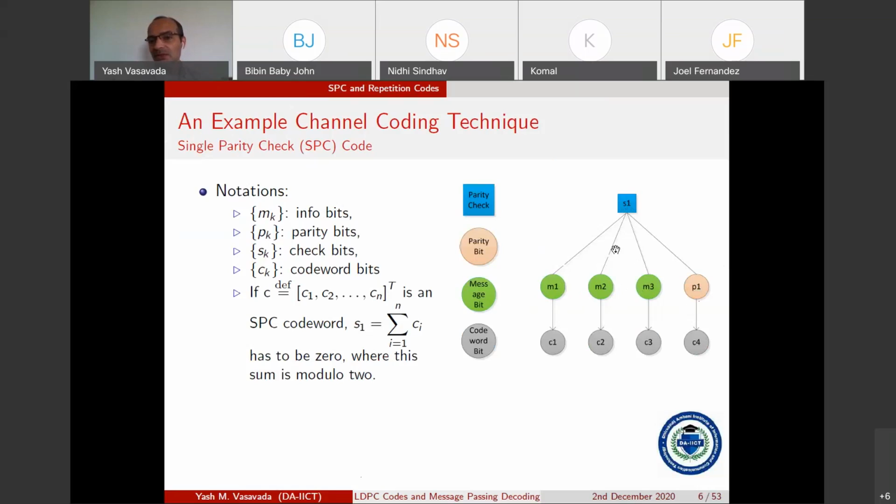What these connections are showing is that at S1 we are taking all these 4 bits and adding them up, modulo 2. Okay, so that is the idea behind the SPC code.